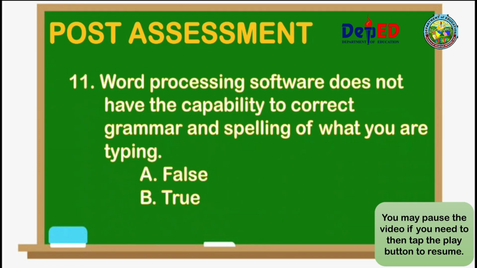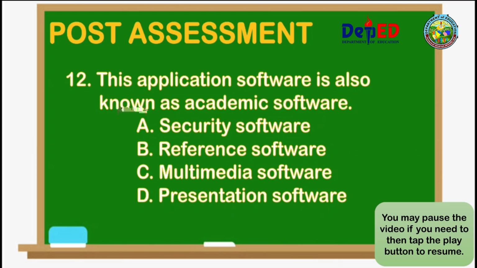Number 11. Word processing software does not have the capability to correct grammar and spelling of what you are typing. A. False, or B. True? The correct answer is A. False. Number 12. This application software is also known as academic software. A. Security software, B. Reference software, C. Multimedia software, or D. Presentation software?